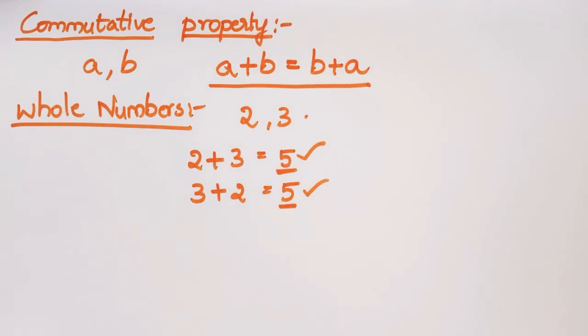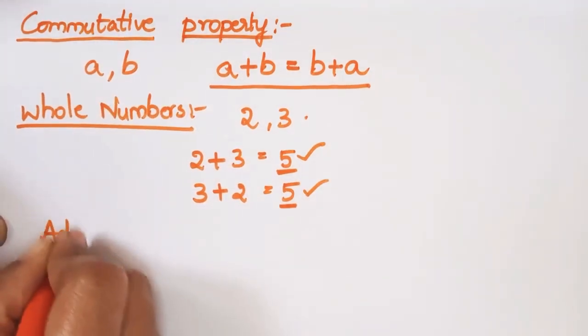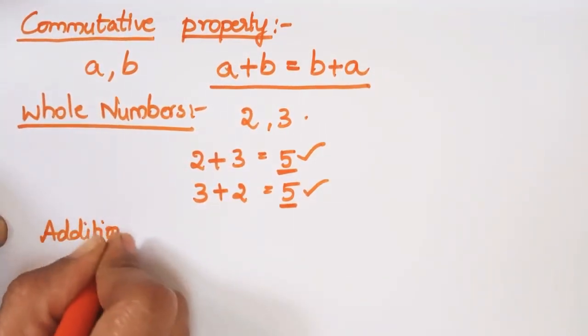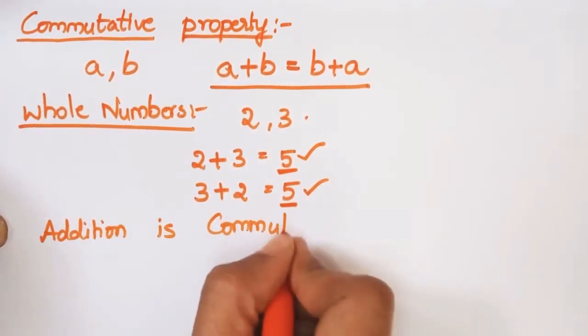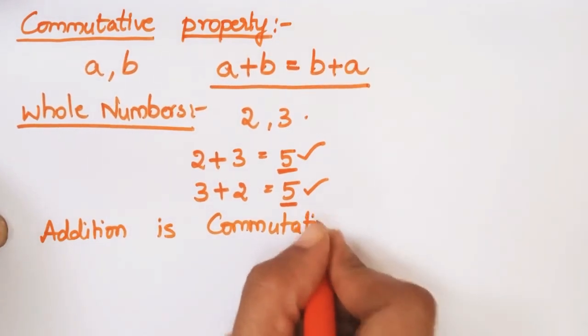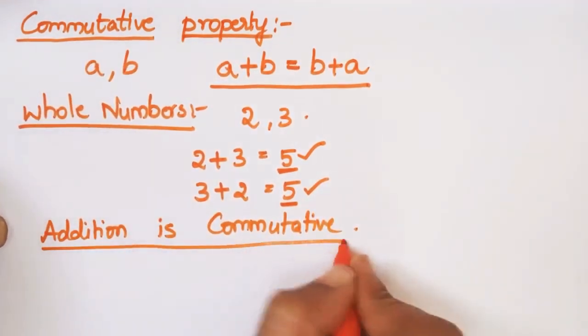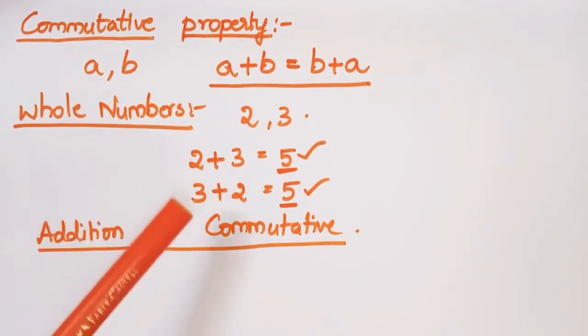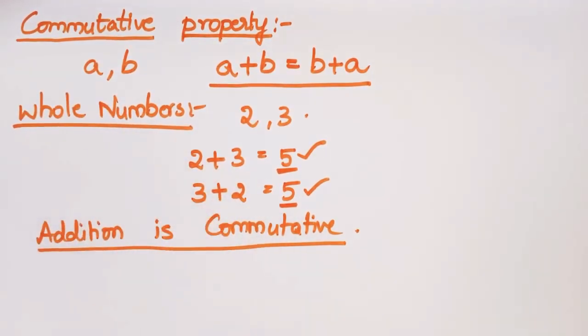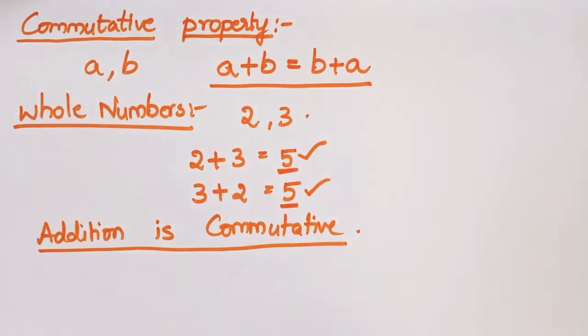So, I can say addition is commutative, isn't it? I can say addition is commutative for whole numbers. Don't forget that. I have checked only for whole numbers. Shall we do one more example?